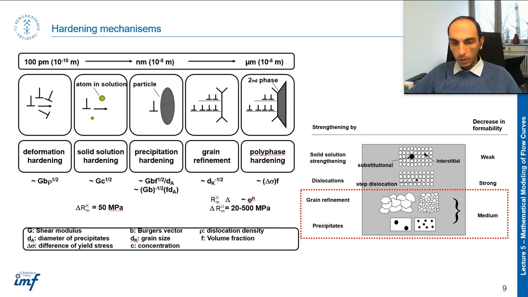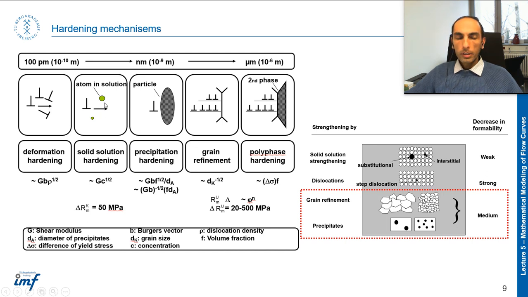So the atoms of the alloying elements, or the second elements, sit in the lattice of the material, and these atoms play the role of barrier on the way of the dislocation.